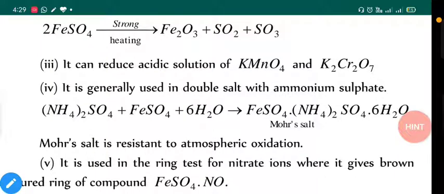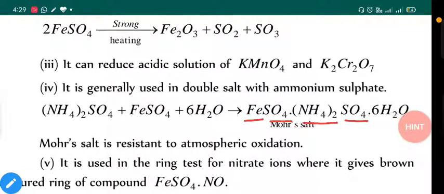So (NH4)2SO4 with FeSO4 in presence of 6H2O gives FeSO4·(NH4)2SO4. So (NH4)2SO4 and FeSO4 both will combine, and combined you will get Fe(NH4)2(SO4)2.